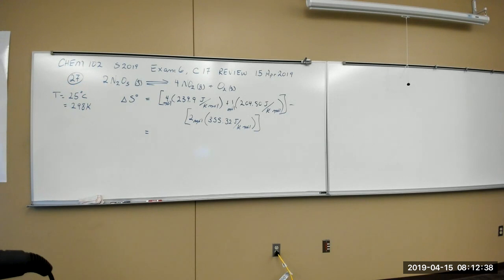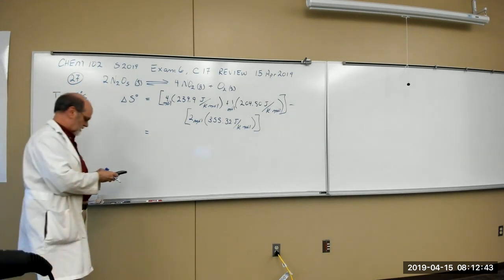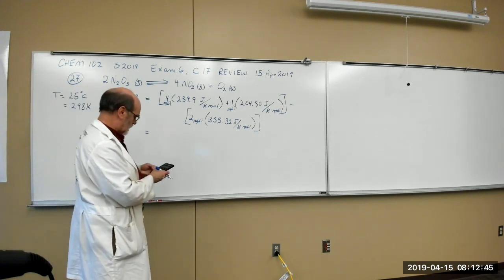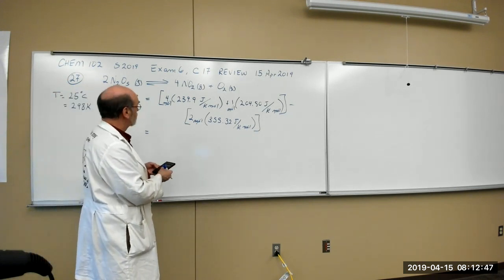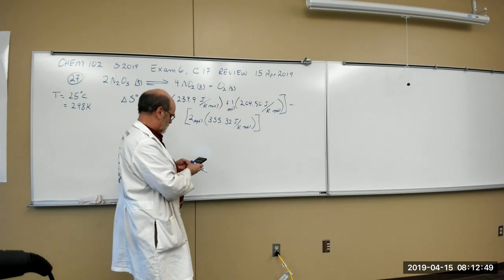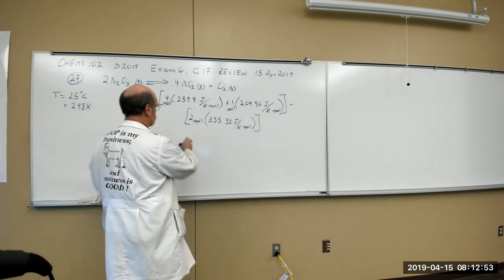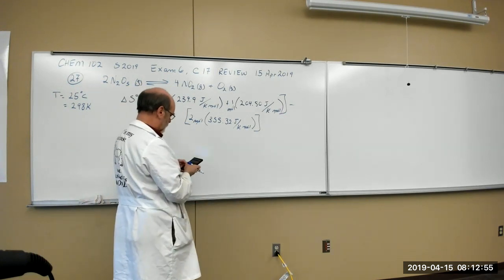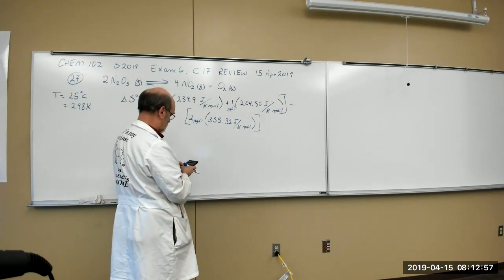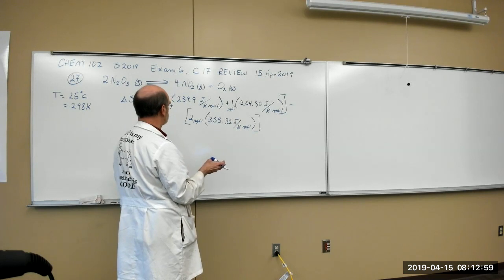Let's see what I get in my calculator. 239.9 and then 204.8, add those together. And we subtract 2 times this one. Did you do 4 times 239? Uh-huh.